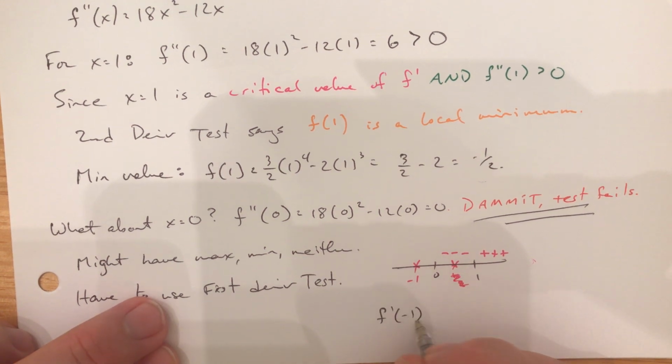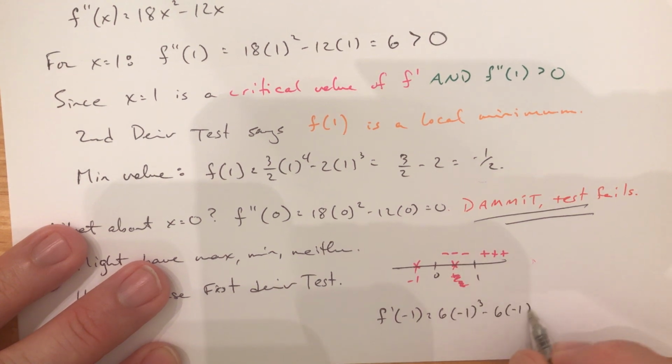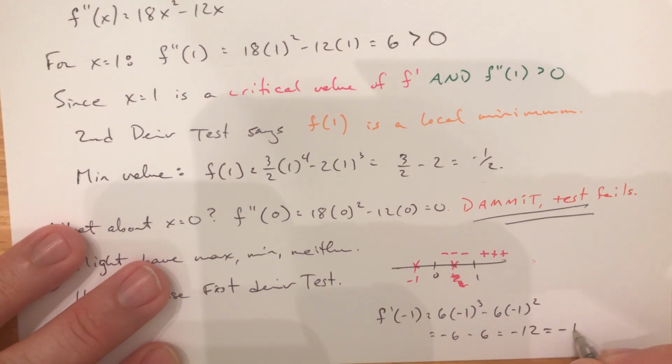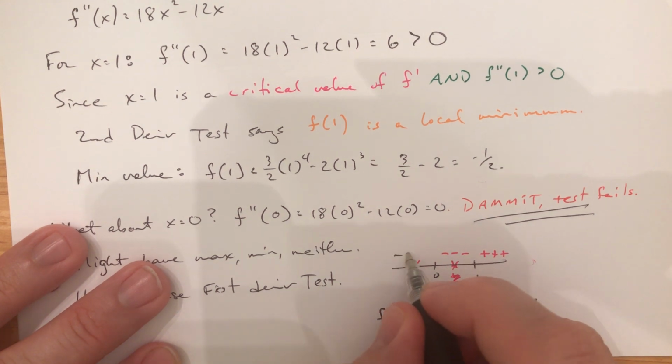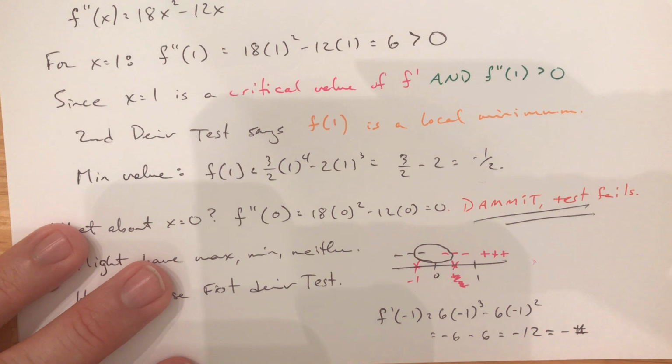F prime of negative 1 is 6 times negative 1 cubed minus 6 times negative 1 squared. That's negative 6 minus 6, which is negative 12. That's a negative number. Does the sign of f prime actually change?